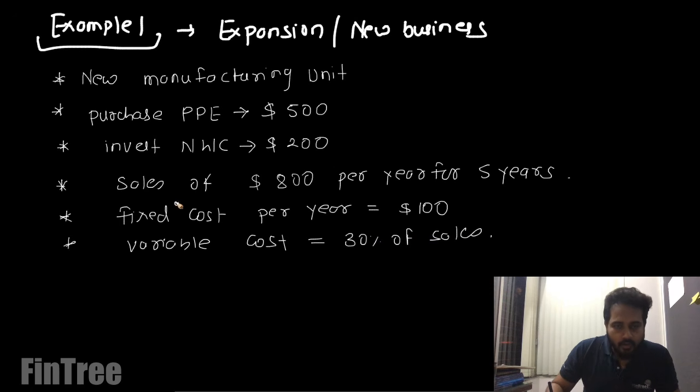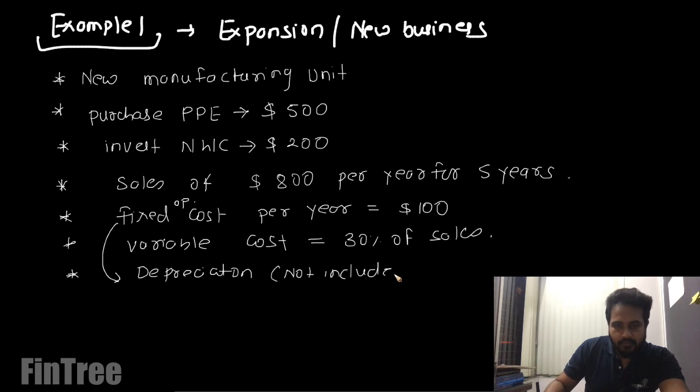Fixed operating cost per year, fixed operating cost. Now this fixed cost does not include depreciation. Depreciation is separate. Depreciation not included in fixed cost, not included in the previous $100.